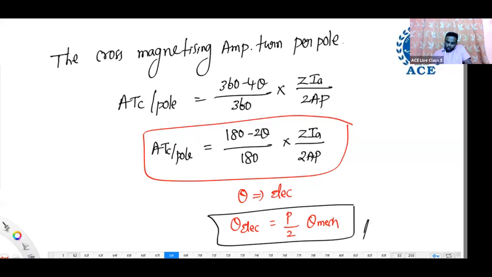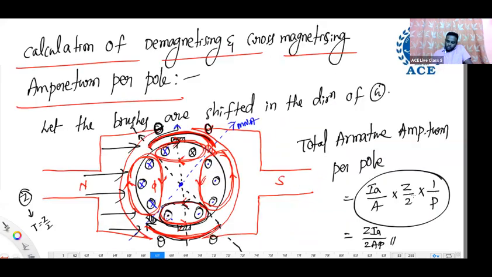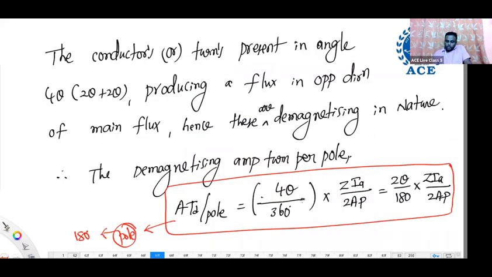See, why are you confusing? First we calculated the total ampere turn per pole, for the armature, ZIA by 2AP. Now in the total ampere turn per pole, how many ampere turns cause demagnetizing? This 4 theta. That's why I multiplied 4 theta out of the total 360 degrees.